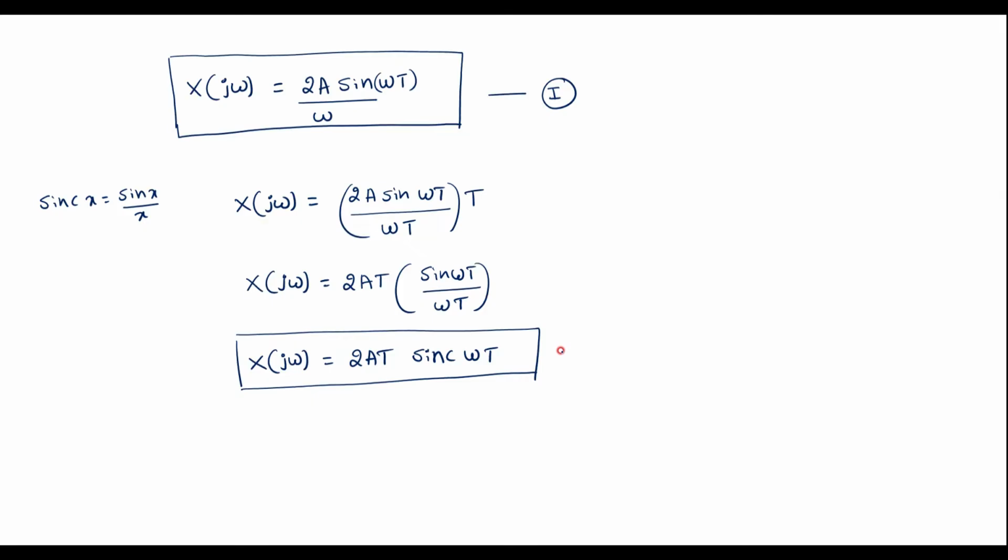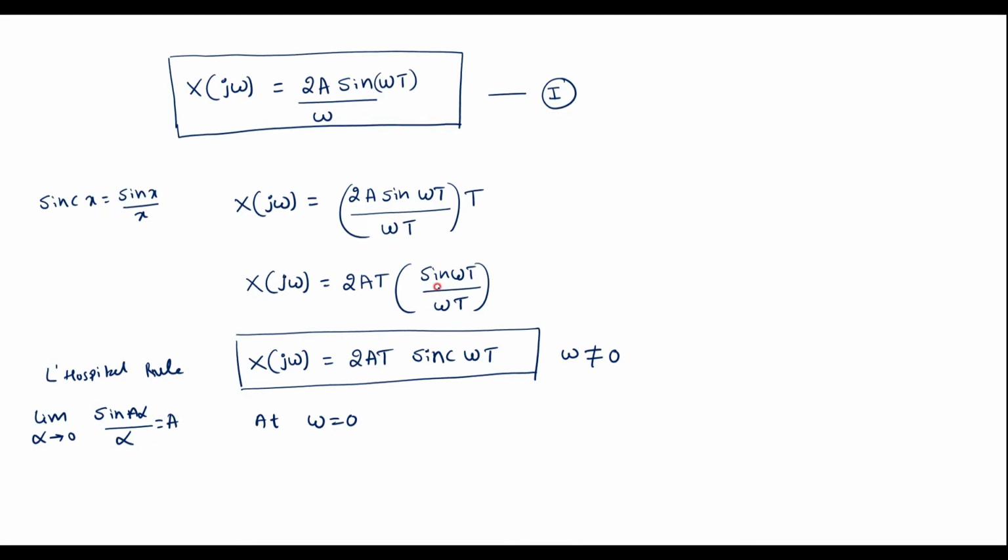So this is true when omega is not equal to 0. If omega is equal to 0, in this expression it will be in indeterminate form. So by using L'Hospital rule, limit alpha tends to 0, sine alpha divided by alpha will be equal to 1.